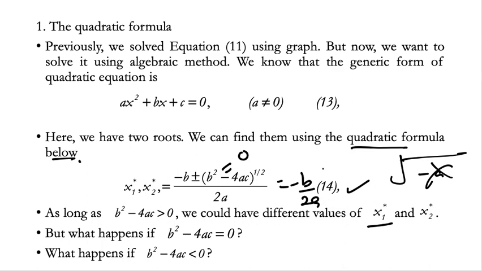Alright, so there is only one equilibrium x. But what happens if b squared minus 4ac is less than 0? You cannot square root it. Indeterminate answer, innit?